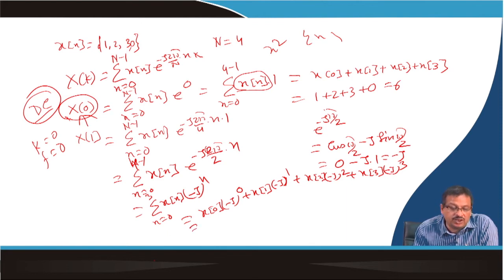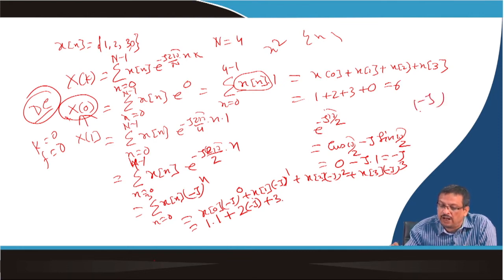So if I say x0 is equal to 1 into minus j to the power 0, plus x1 is 2 into minus j to the power 1, which means minus j, plus x2 is 3 into minus j to the power 2, that is minus j square.